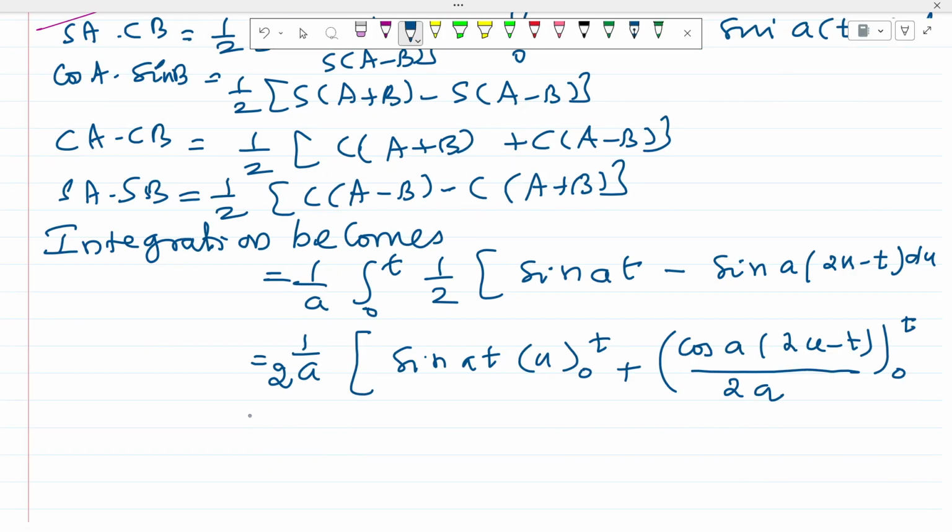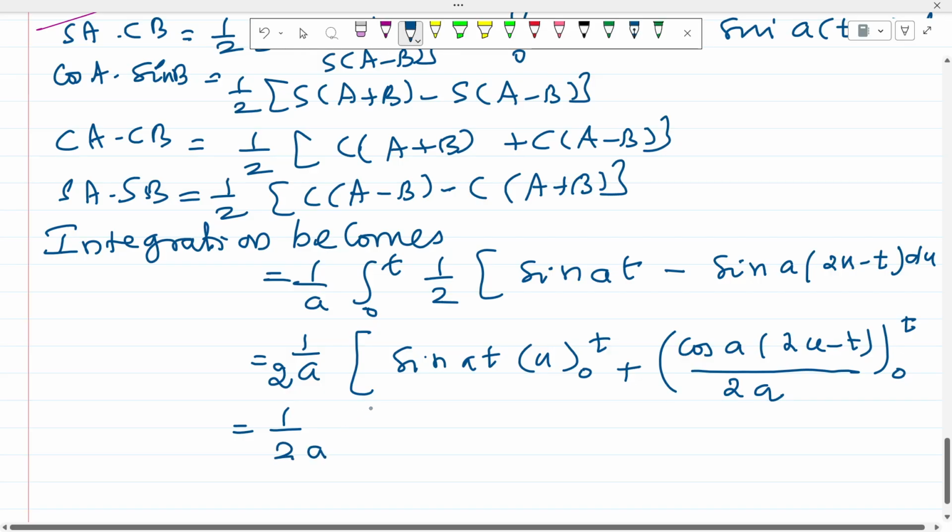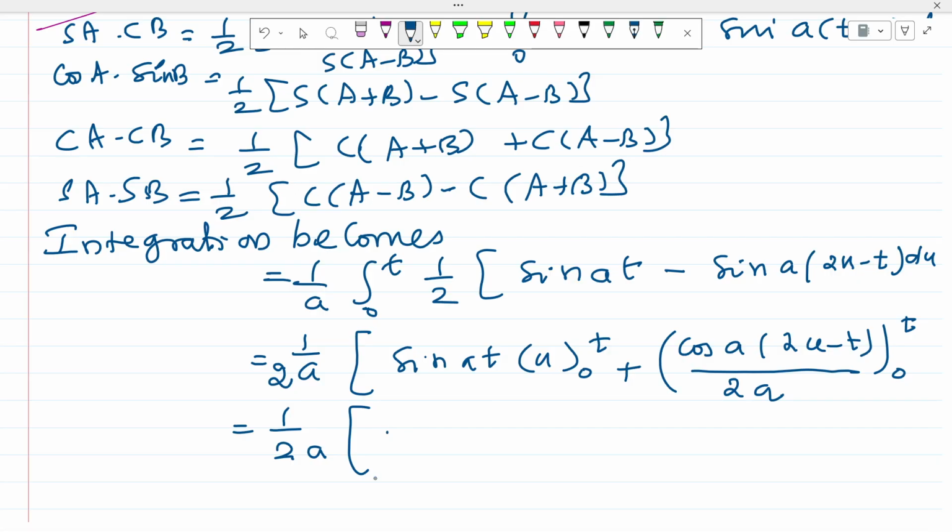So what you get? 1 by 2a, sin at, and then substituting t here, t sin at, is it not? And then lower limit is 0, plus what happened to this second term? Substituting t there, 2t minus t is cos at, minus substitute 0, second one.